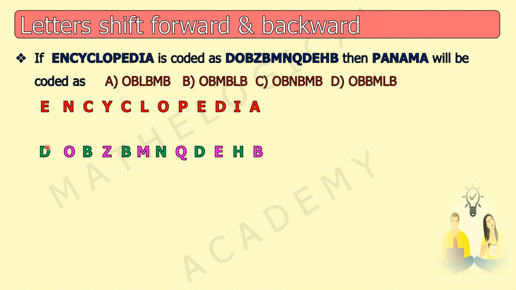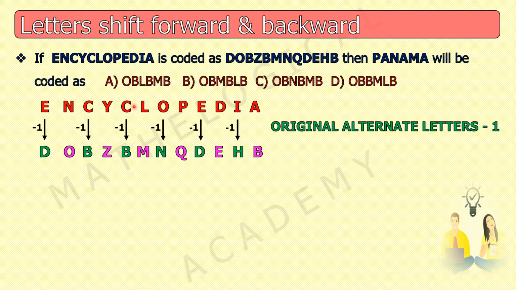We'll observe that D comes before E, B comes before C, B comes before C, N comes before A, O, but O comes after N, Z comes after Y, M comes after L. That means in alternate letters we have a pattern.